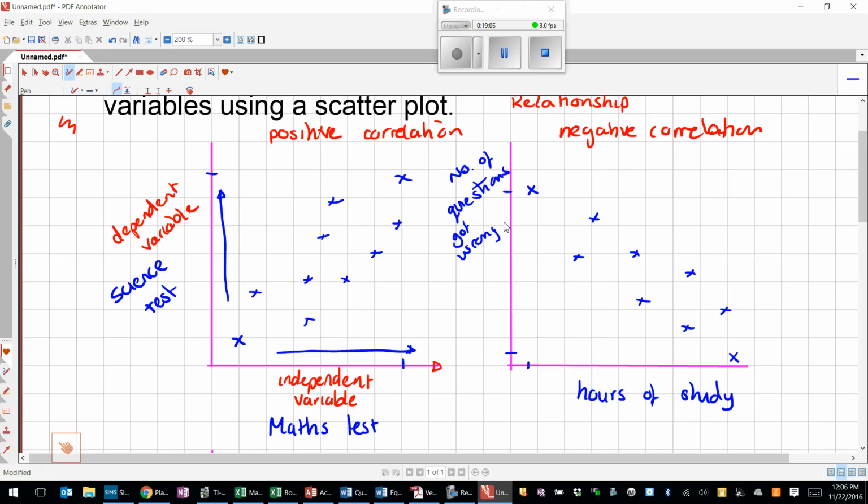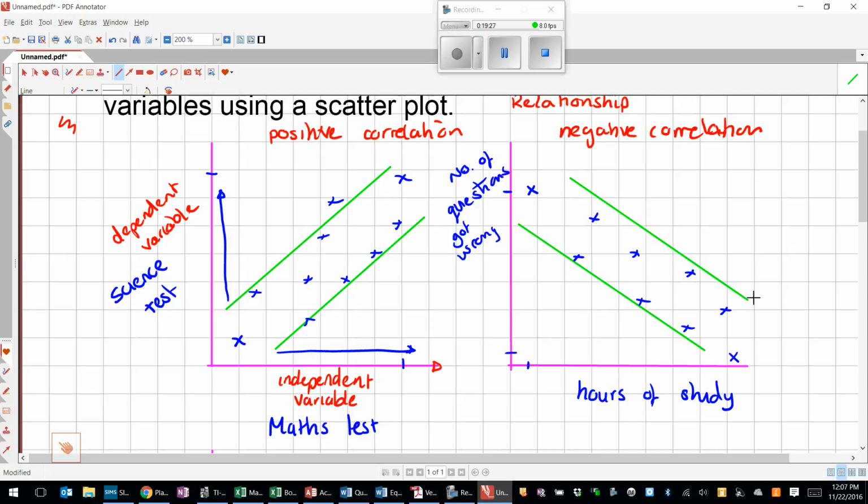Now, I think like you just noticed that generally our positive correlation tends to go in this sort of direction, and my negative correlation tends to go in the opposite direction like that.